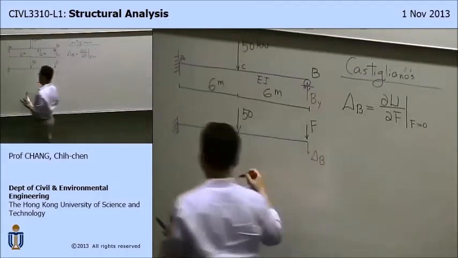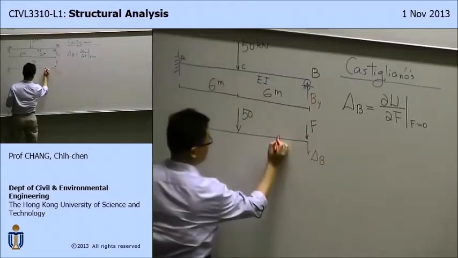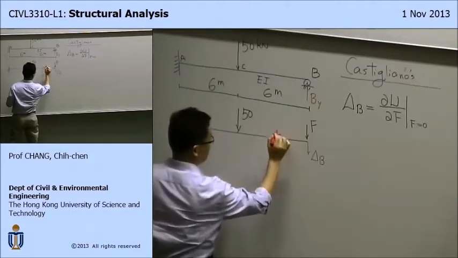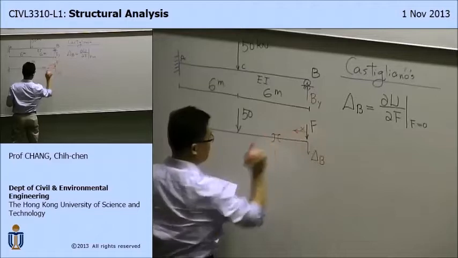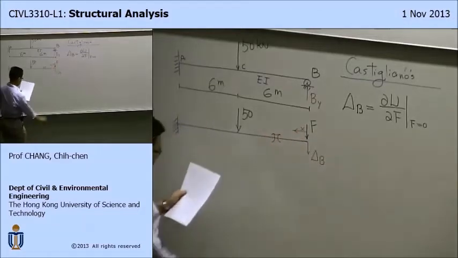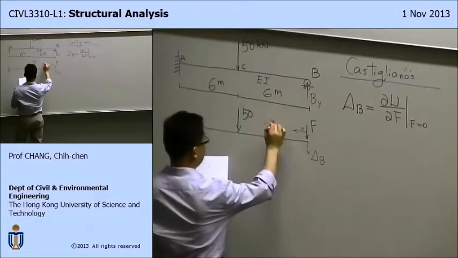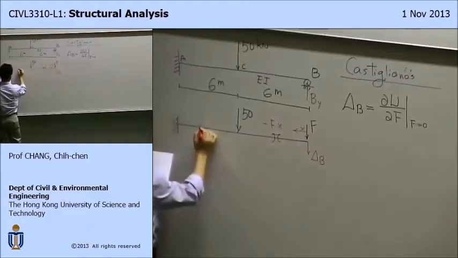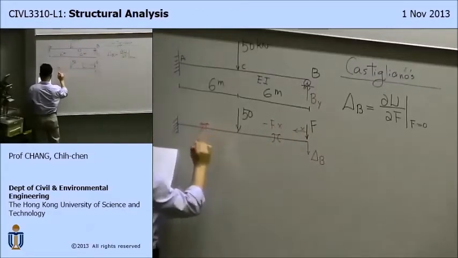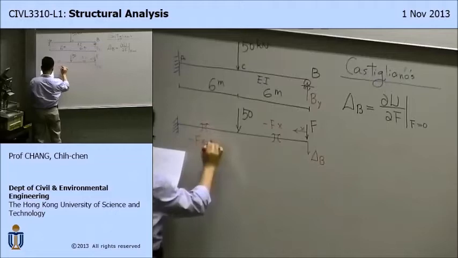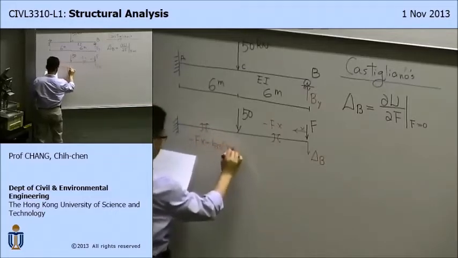So I need to have the expressions for the strain energy. So the bending moment there, if I assume measuring x from there, is minus Fx. And the bending moment there is minus Fx minus 50(x minus 6).